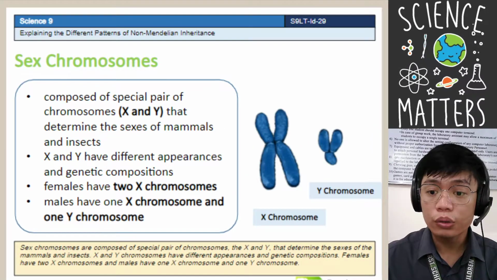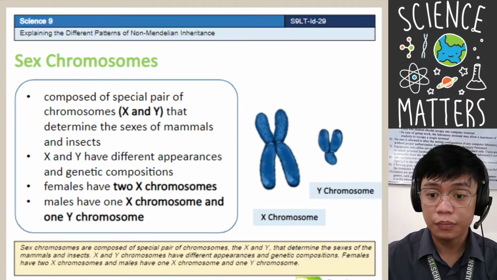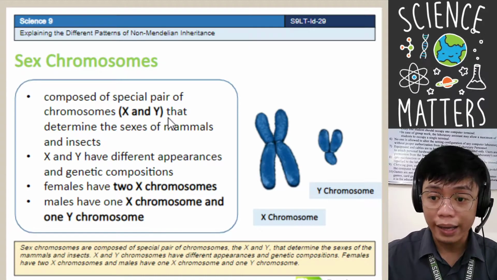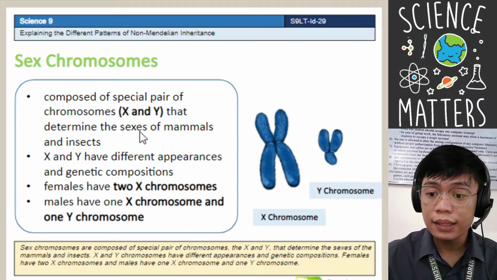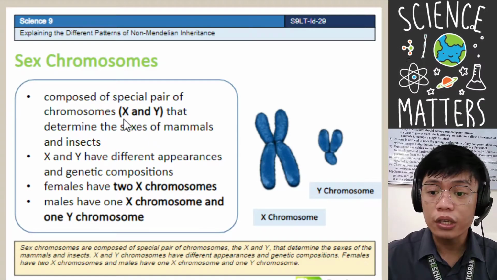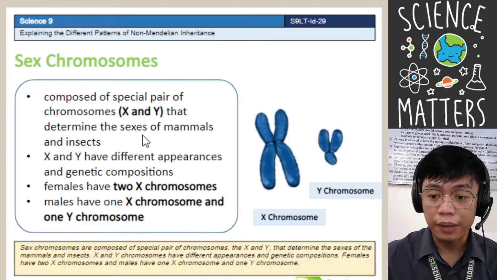We also have the sex chromosomes. Sex chromosomes are composed of a special pair of chromosomes, X and Y, that determine the sexes of mammals and insects. When we say sexes, we mean the gender of the mammal.